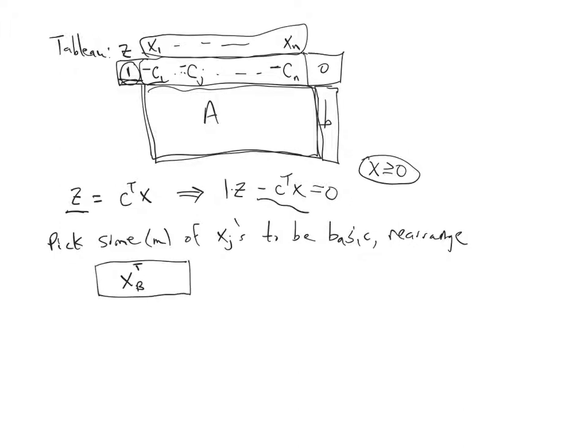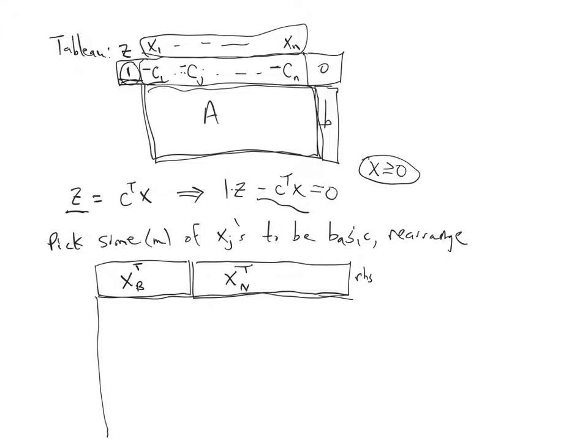There's m of those, and then the rest of them we'll call xN. So those are the non-basic variables. And then this last spot we sometimes denote as the right-hand side. That's just labels for which variables correspond to which columns.